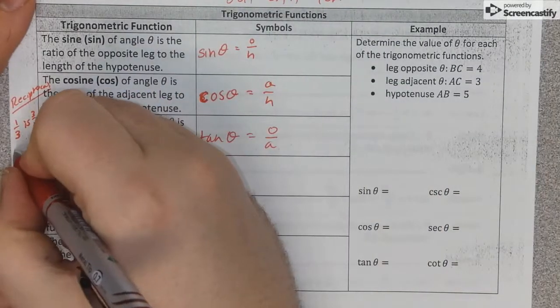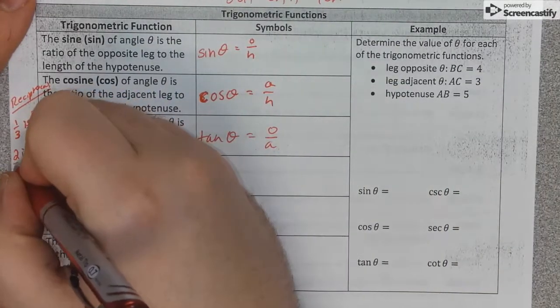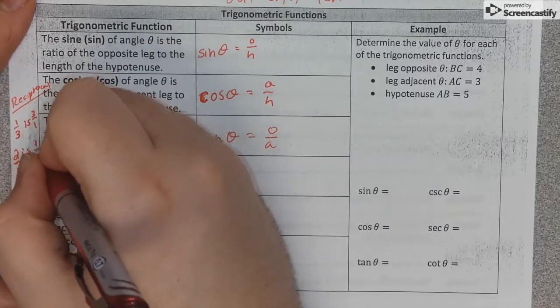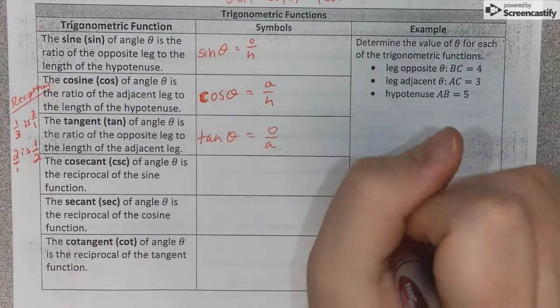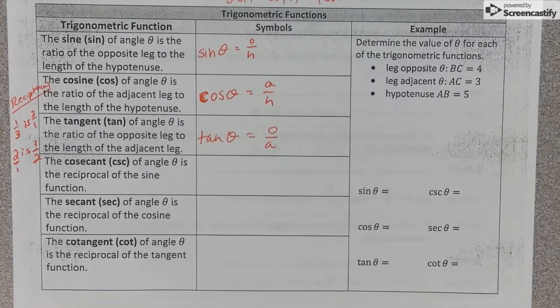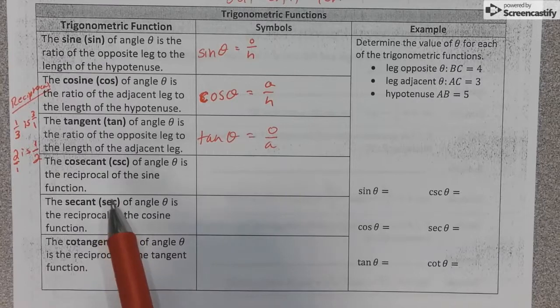The reciprocal of 2, if we think of 2 as 2 over 1, is 1/2. Well, as it turns out, sine, cosine, and tangent all have reciprocals, and we give these reciprocals some special names. So the first one is called the cosecant of an angle, the reciprocal of the sine function.